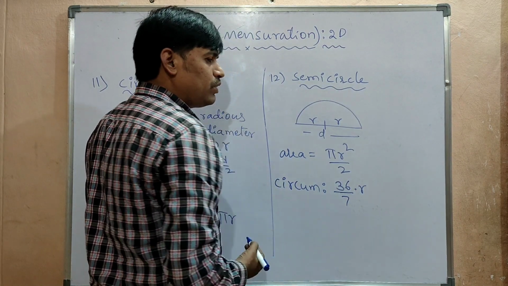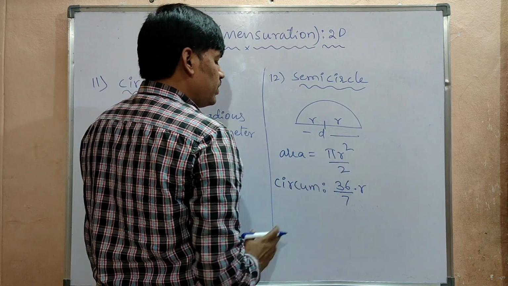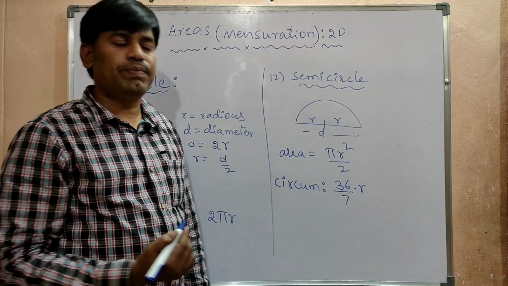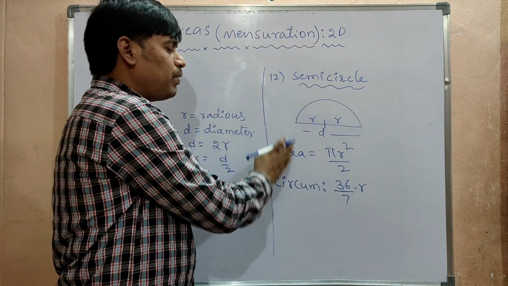So the area of the semicircle is equal to pi r square by 2 and the circumference of the semicircle is equal to 36 by 7 into r. Your semicircle formulas are completed.